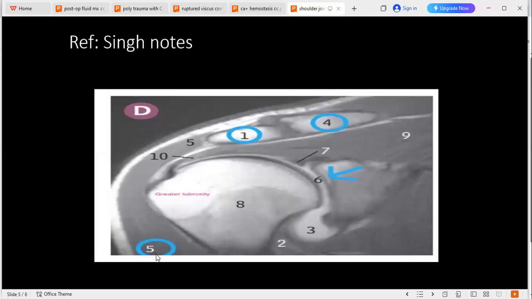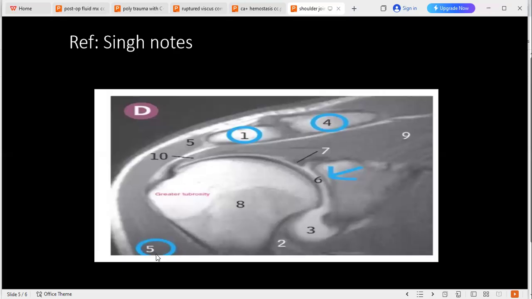Shallow glenoid, lax ligaments and capsule, and anatomically the presence of the quadrangular space inferiorly. Very good.